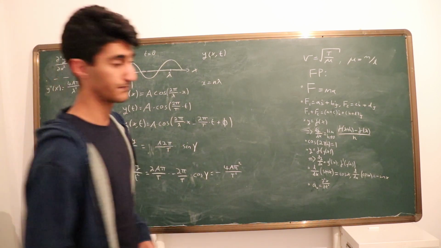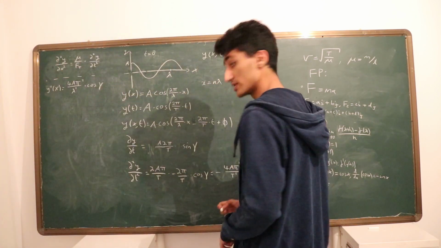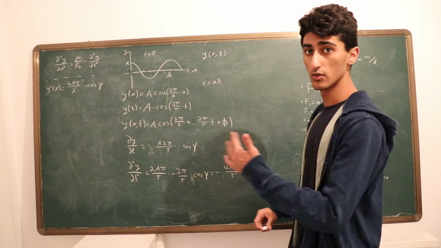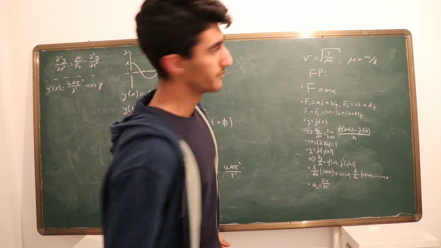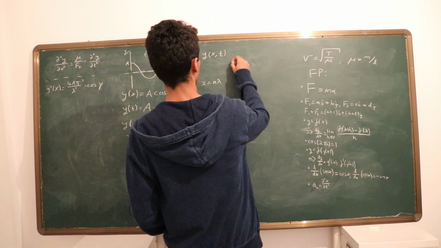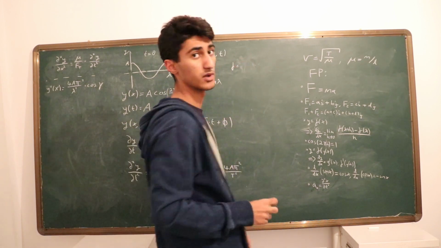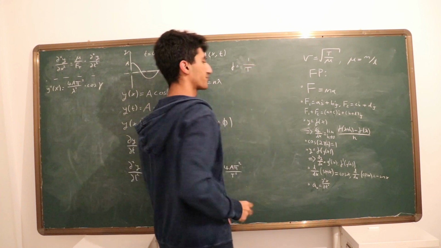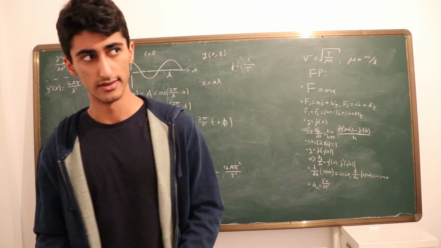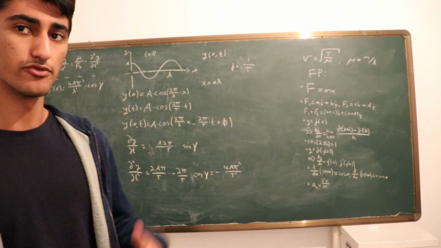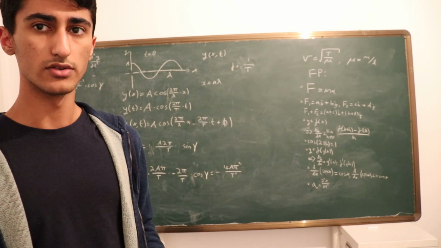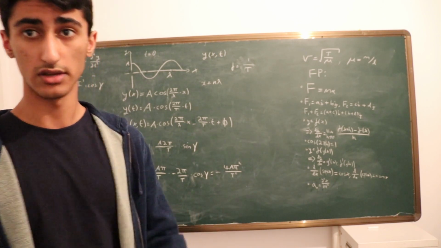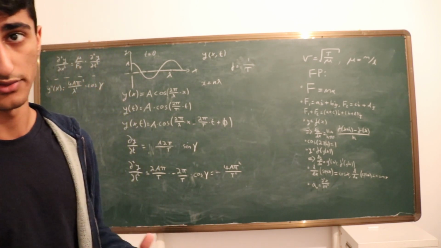Now recall, first of all, this is 4a pi squared times 1 over t squared. We know that the frequency of a wave is defined to be 1 over its period, because the period is the time it takes for a full cycle, so 1 second divided by the time of each cycle is going to be your frequency, how many waves you get per second.